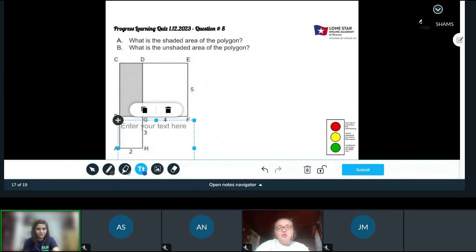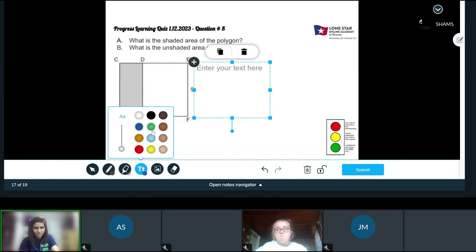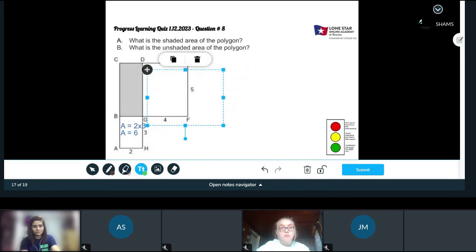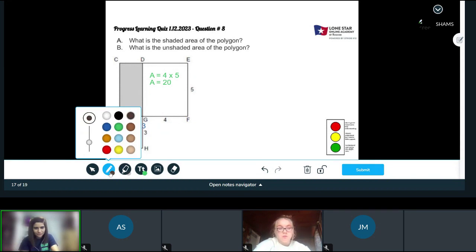And I'm going to find area of this small part. Then I will go find area of the other smaller part. Then I'm going to go find area of the other grayish region.